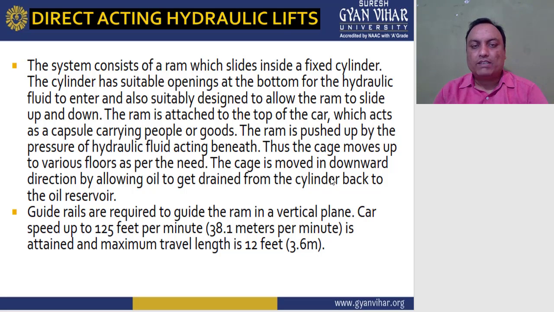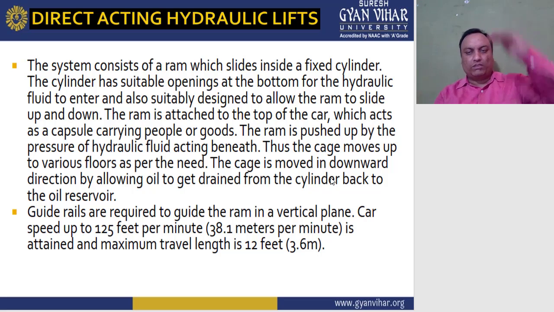Here the ram is attached to the top of the car, which acts as a capsule carrying people or goods, and the ram is pushed by the pressure of the fluid acting beneath. And thus the cage moves to the various floors. This is the cage.